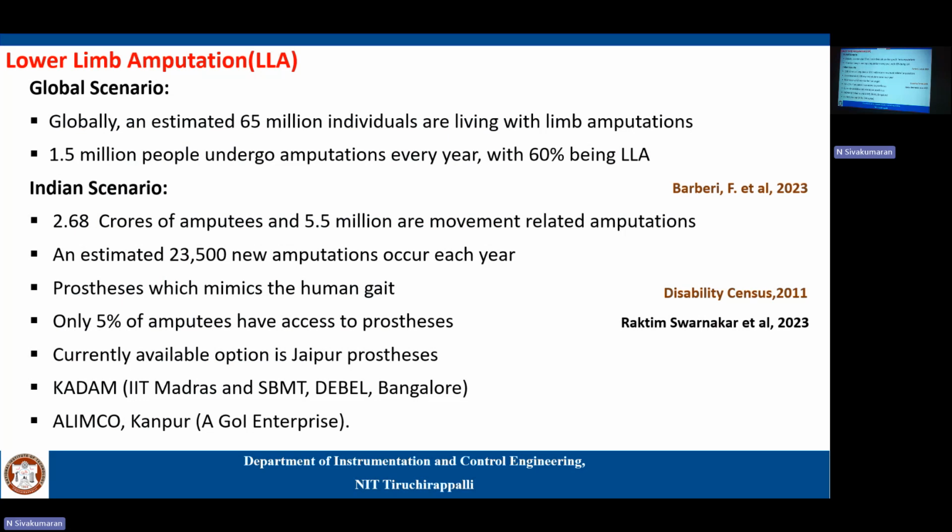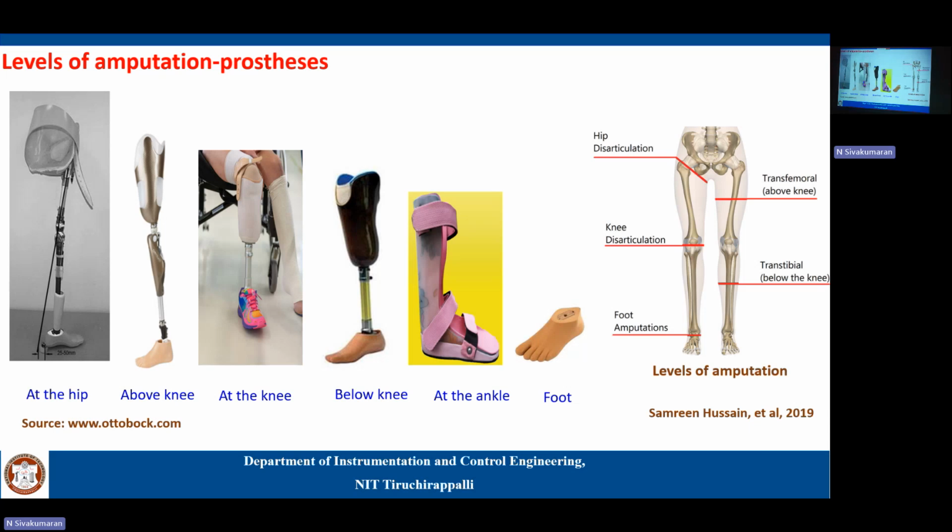We will see that knee joint. These are some of the stats. Level of amputation, you can see, if it is at the hip, the prosthetic leg will be like this.